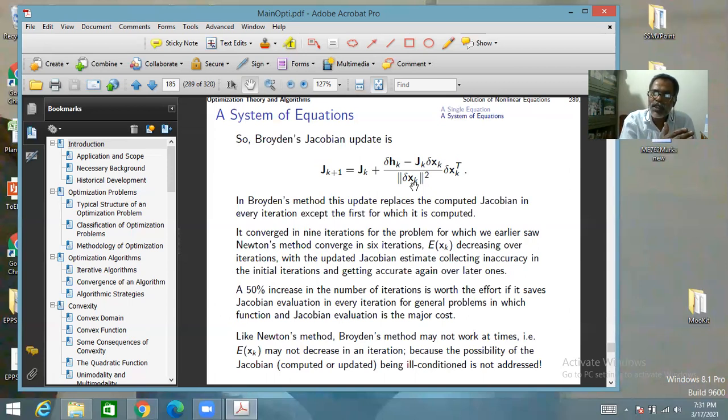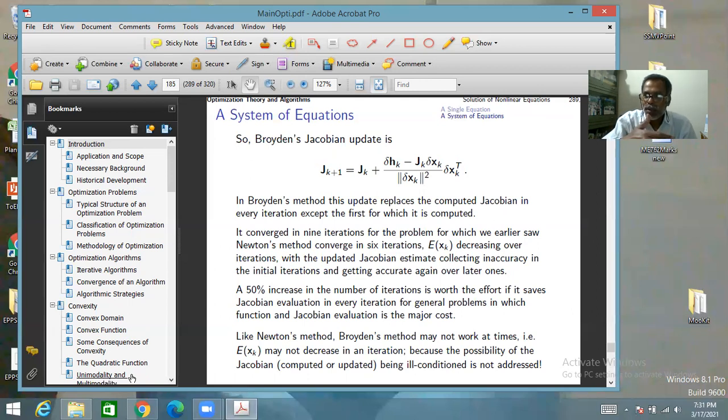So after the initial point, we never compute the Jacobian again in Broyden's method. Rest of it is just like Newton's method. For that example, for which I showed you the results for Newton's method, Broyden's method also converged, not in 6 iterations, but 9 iterations. Okay.